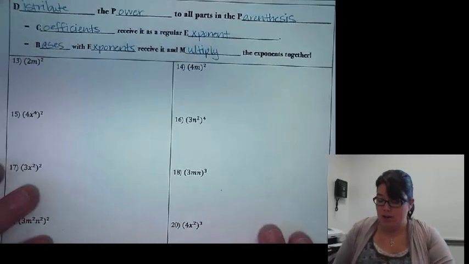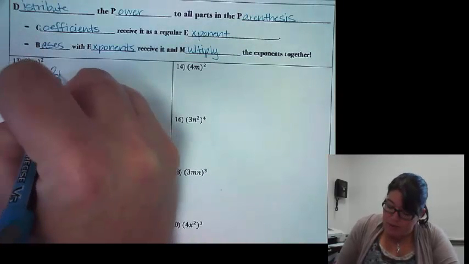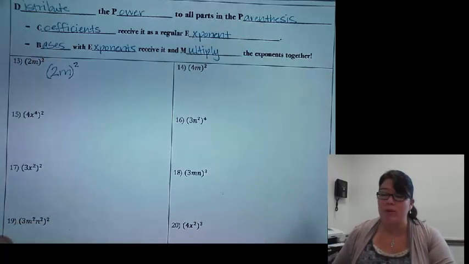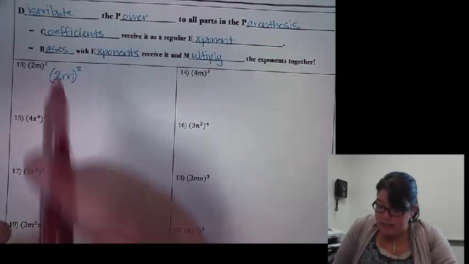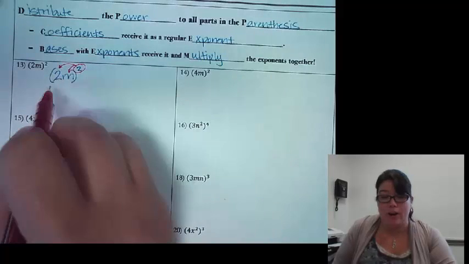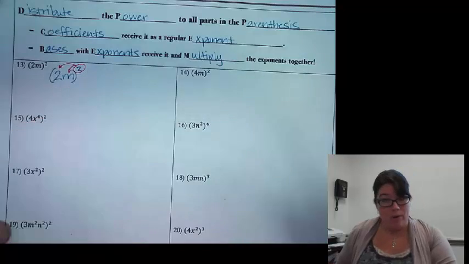Number 13 in your master application packet. Here we have 2m in parentheses and an exponent of 2 on the outside. I'm rewriting it just to make it bigger so that it's easier to see what's happening. We're going to take this exponent on the outside and distribute it to both of the parts inside parentheses, the coefficient and the variable itself. So how are we going to do that?